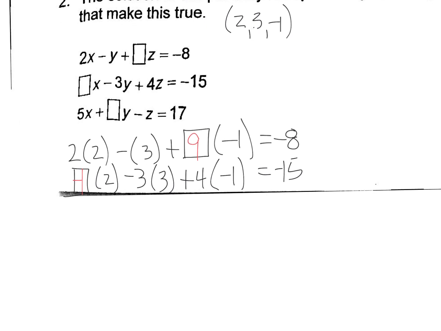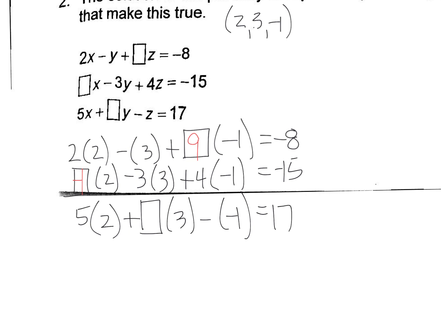So we have 5x, x is 2, so I'm going to plug x in, plus there's our box, y is 3 minus z, which is -1, equals 17. And I go ahead and solve for the box, just like if I was solving for a variable. I have a 10 here, plus a 1 is 11. Subtract the 11 to the other side. 17 minus 11 is 6, and then 6 divided by 3 would give us 2. So that would be filling in the boxes there.